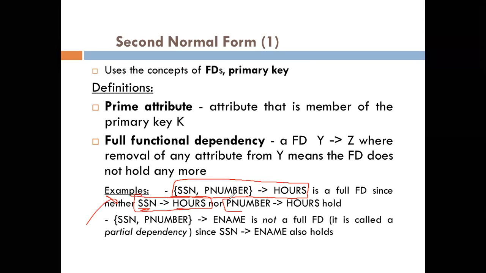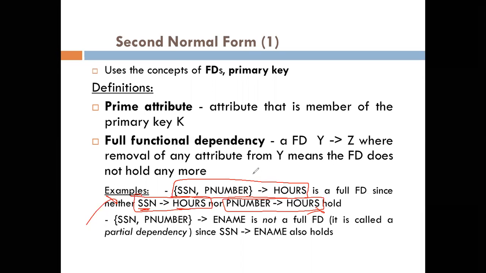Similarly, project number cannot alone decide the hours, because SSN is also there, because many employees may be working on the same project. So we can't say hour value just based on a project number. So in order to say what is the hour value, we need both SSN and project number. So we cannot decompose it.